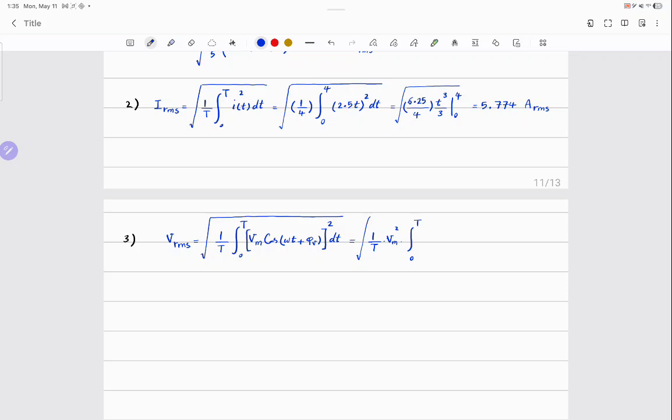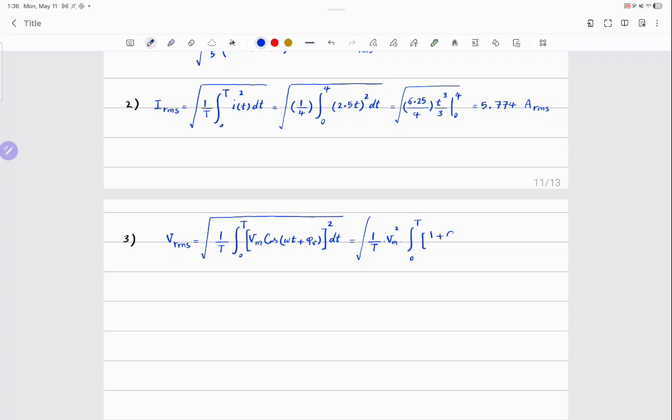Can you do cosine squared integral? You cannot do it directly. You usually use a trig identity to deal with cosine squared. So you can write it as 1 plus cosine twice the angle, divided by 2. That is what we used to do in our math courses.